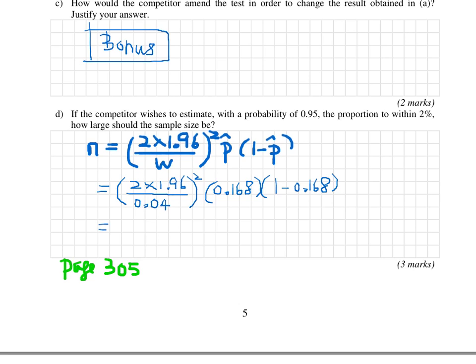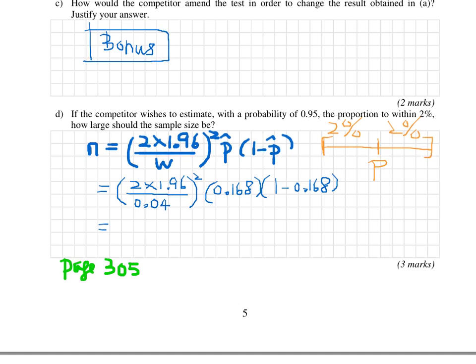And so here's the formula, and then maybe you want to know why 0.04, because within 2%, then we're really talking about the idea of like this. This is where the proportion should lie, the left bound, the right bound, and since this is 2%, and there will be 2% here, in total the width of the confidence interval will be 4%.